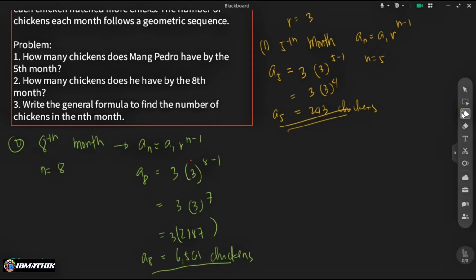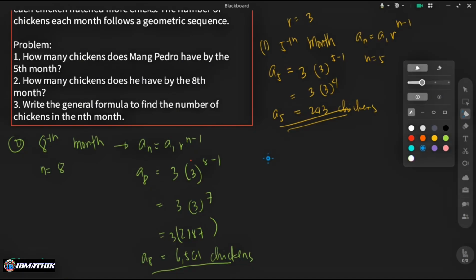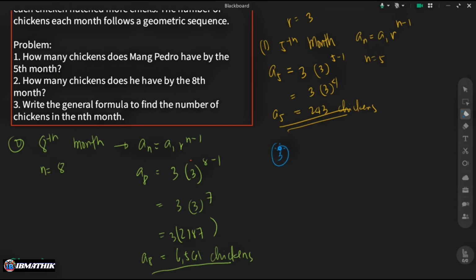Let us try number 3. We need to write the general formula to find the number of chickens in the nth month. So in this case, for number 3, we know that our first term is 3 and our ratio is 3.